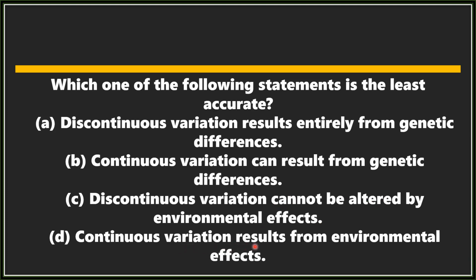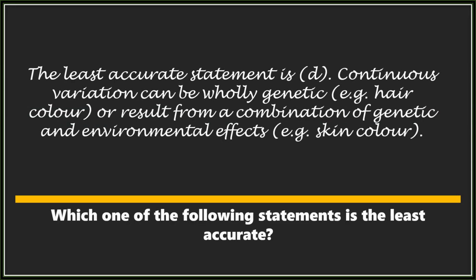Continuous variation results from environmental effects. The least accurate statement is D. Continuous variation can be wholly genetic, for example, hair color, or results from a combination of genetic and environmental effects, like skin color.